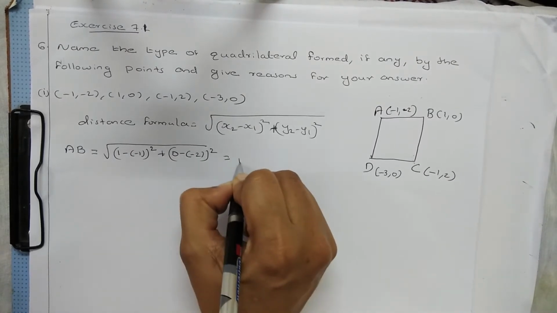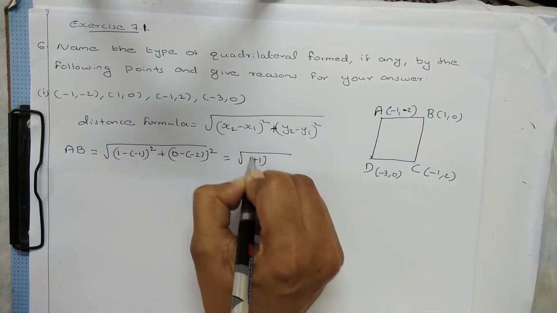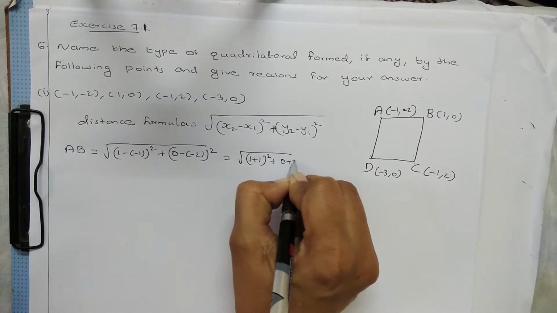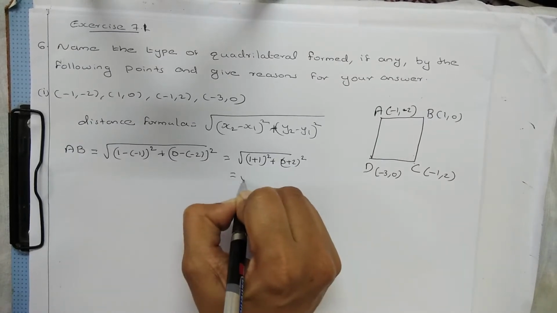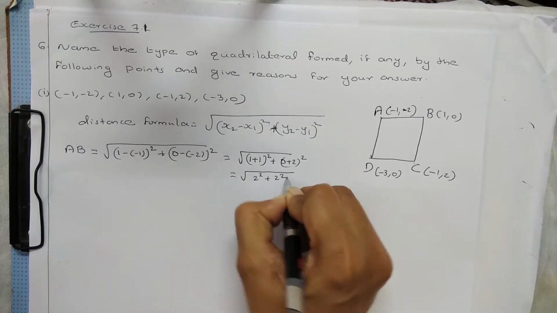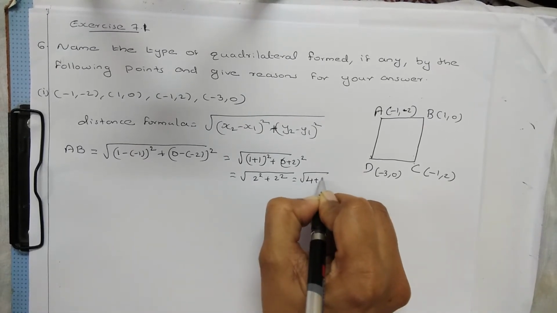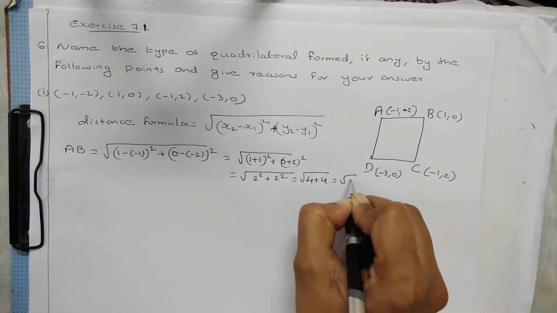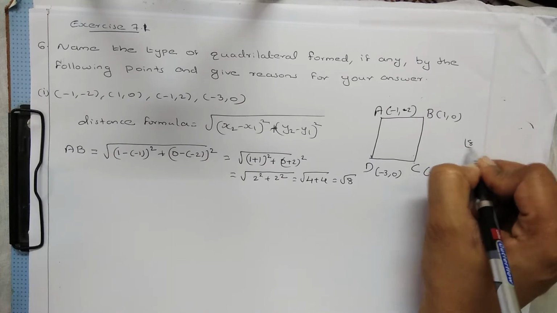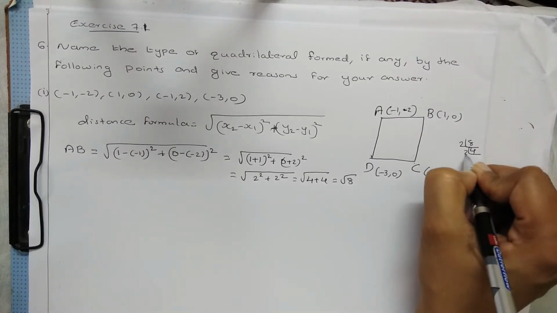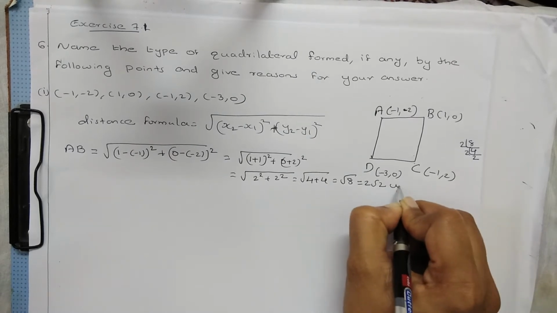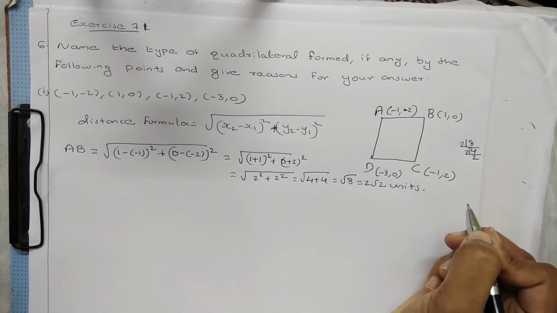That is equal to root of (1 plus 1) the whole square plus 2 square, that is root of 2 square plus 2 square, that is root of 4 plus 4, that is equal to root 8. Root 8 we can write as 2 root 2 units. Units always you have to write.